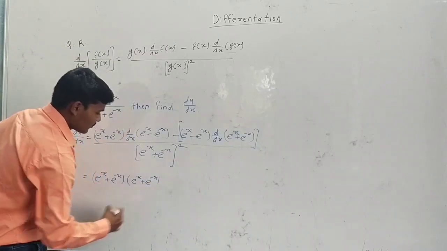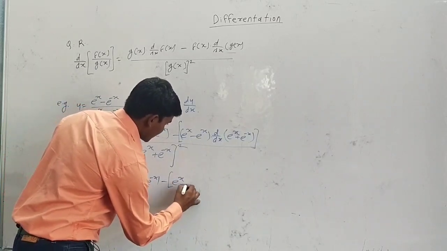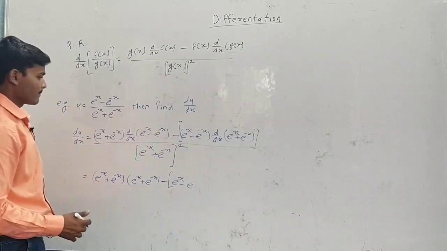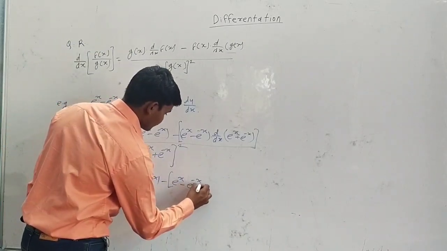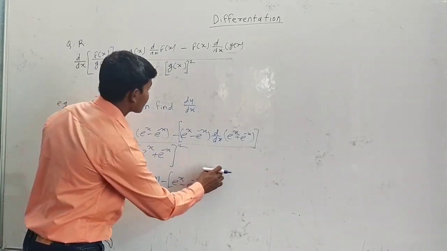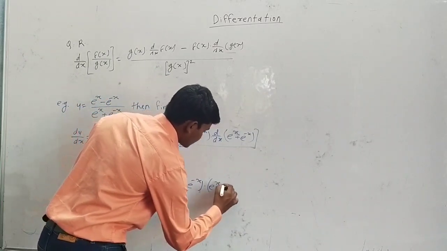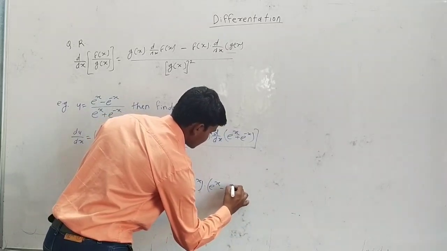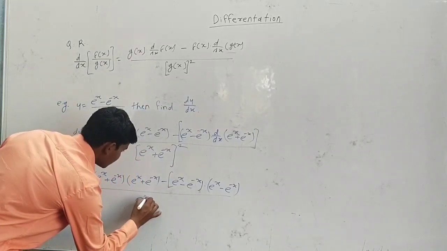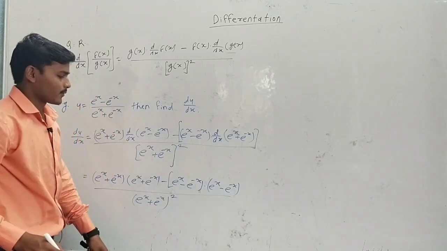So here plus, e raised to x minus e raised to minus x into derivative of e raised to x, is e raised to x minus e raised to minus x, and whole divided by (e raised to x plus e raised to minus x) square.